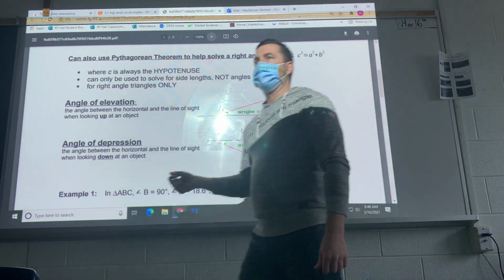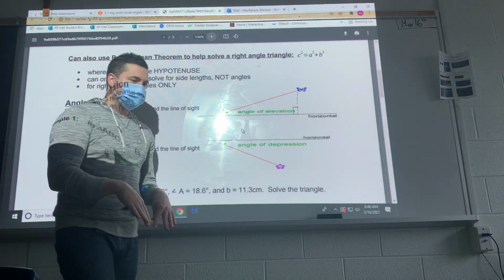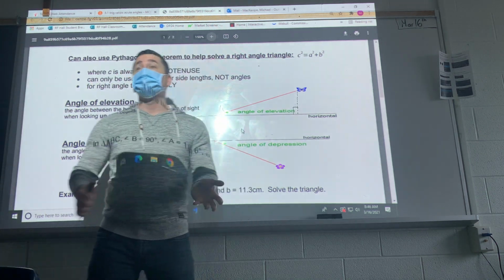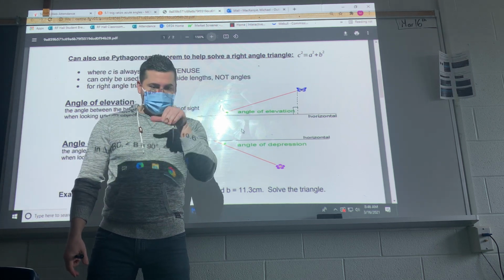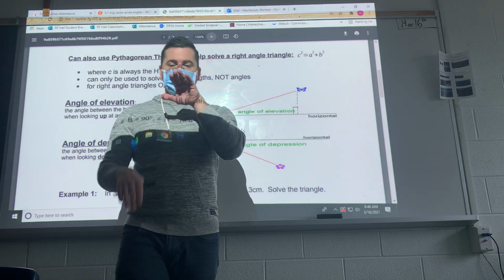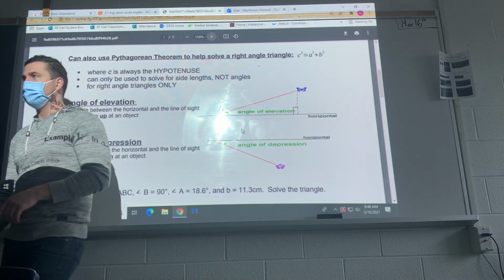Then we have the angle of depression, which is the opposite. It's when you're looking down at an object. Say I'm on a cliff, or maybe on top of the stairs, and I'm looking down. The angle from me downwards, from the horizontal downwards, is called our angle of depression.